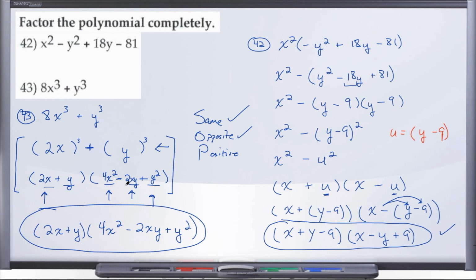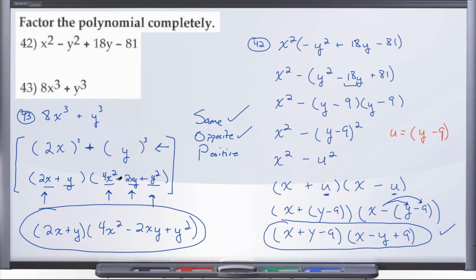To fill in your trinomial, for the first term, square the first term in your binomial. For the middle term, multiply these 2 terms together. So 2x times y gave us 2xy. And then to fill in the last term of your trinomial, square the last term of your binomial. So in this case, y squared.